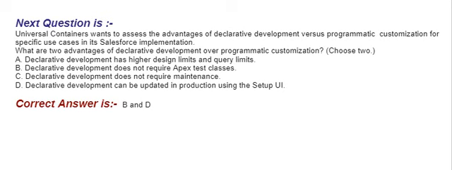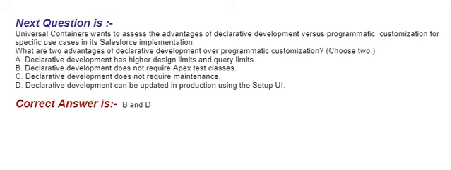Next question is, Universal Containers wants to assess the advantages of declarative development versus programmatic customization for specific use cases in its Salesforce implementation. What are two advantages of declarative development over programmatic customization? Choose 2.